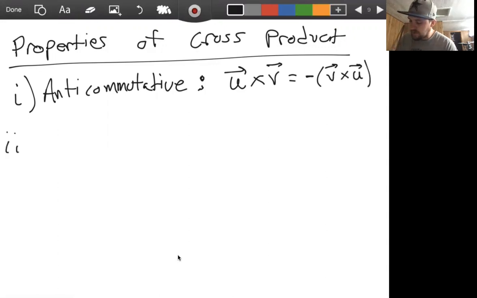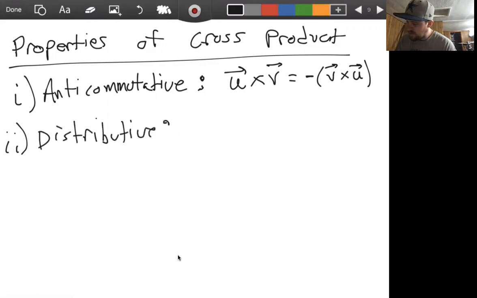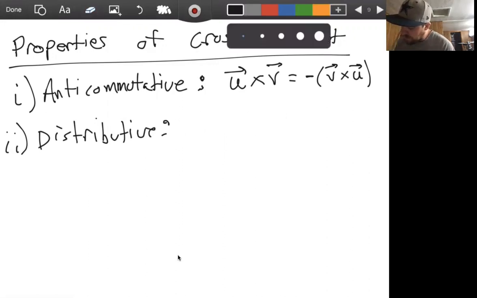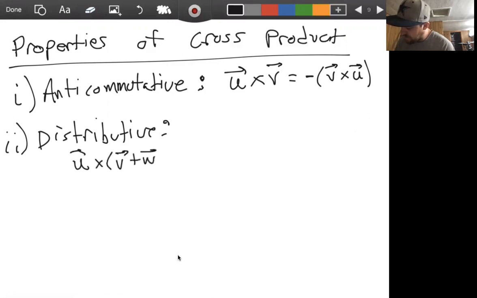We have that the cross product is distributive over vector addition. So it is distributive, meaning if we took u cross (v plus w), this is the same as, here, maybe I'll write this down on one line so I can fit it all, u cross v plus u cross w.